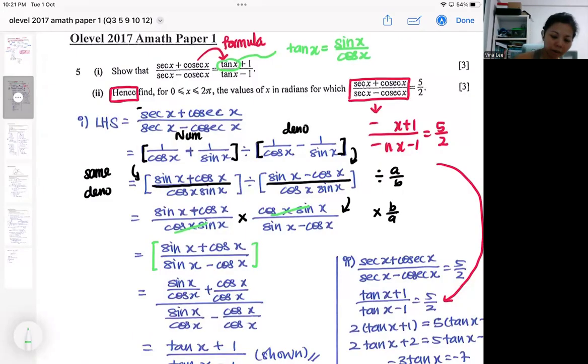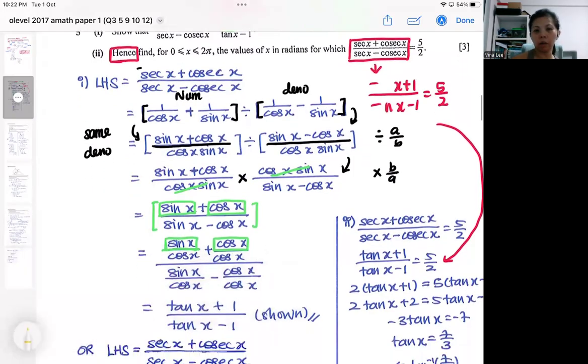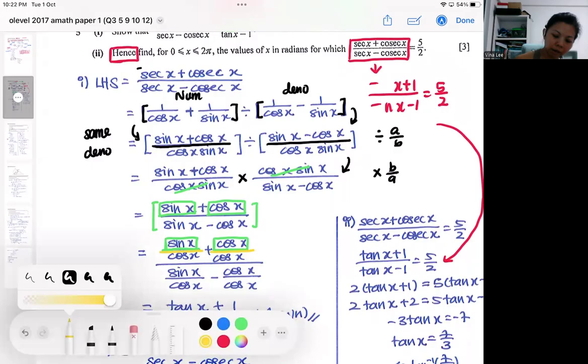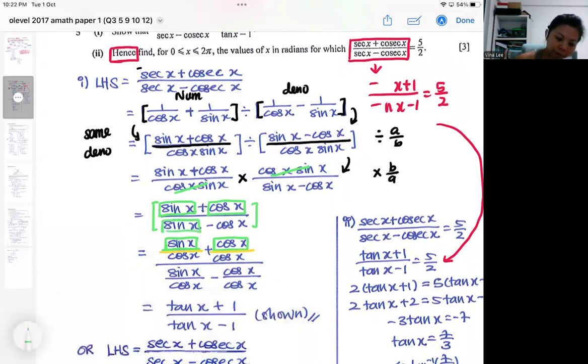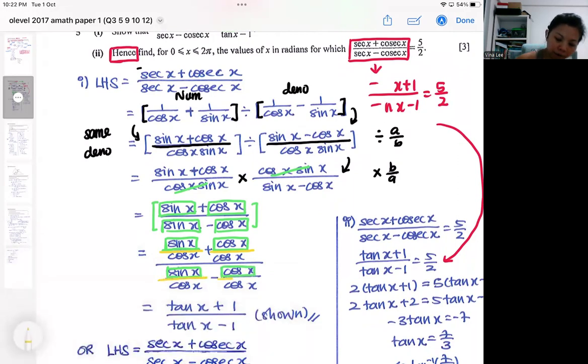So I'm going to take every item here and divide by a cosine. I'm going to take the two items in the numerator and divide by a cosine. Same thing for the bottom: I'm going to divide by a cosine. In a way, I'm dividing throughout by a cosine.